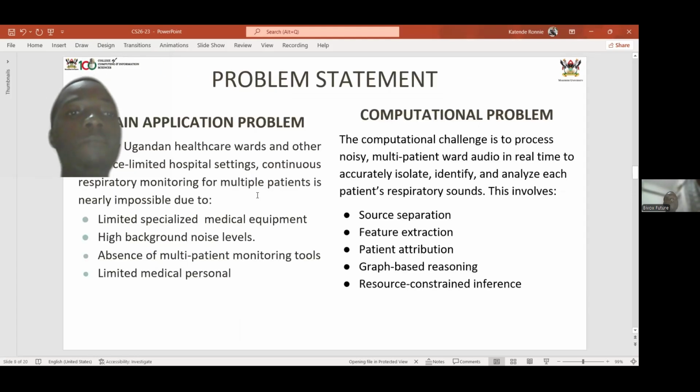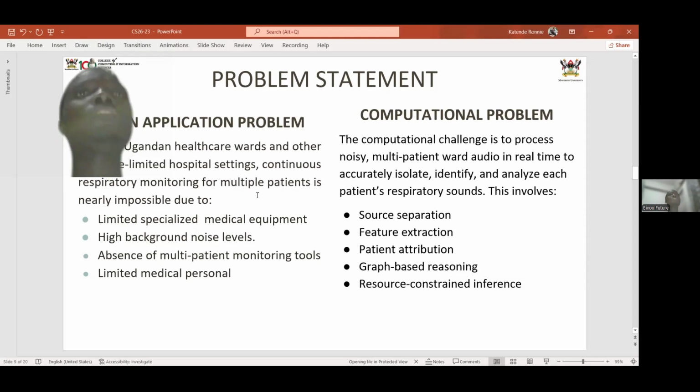We have the problem statement, the domain application. In many Ugandan healthcare wards, there are limited resources: the clinicians, the monitors, the microphones.